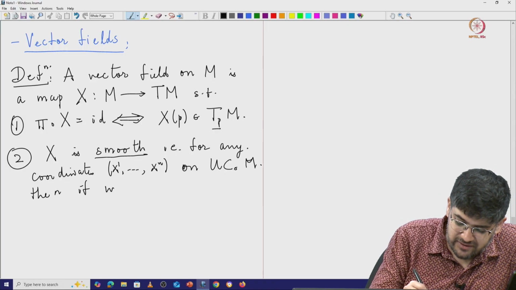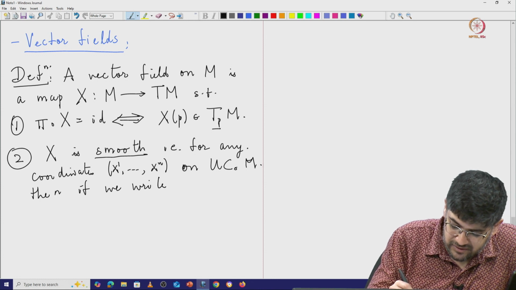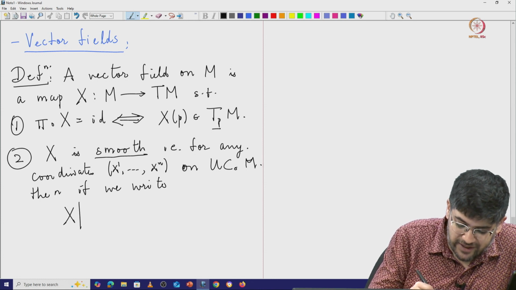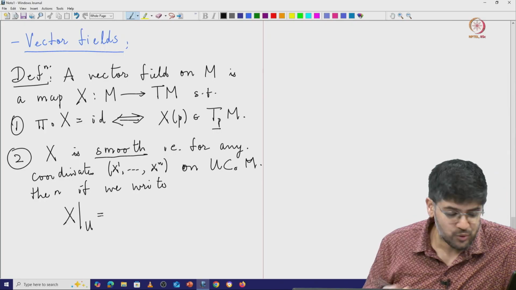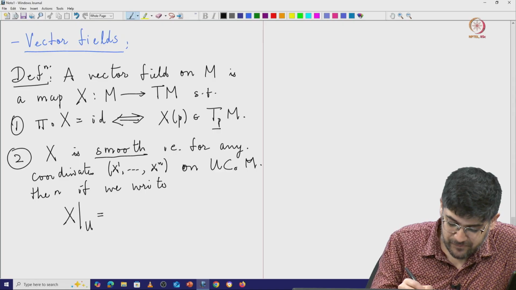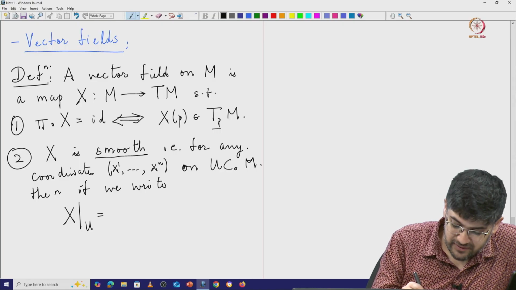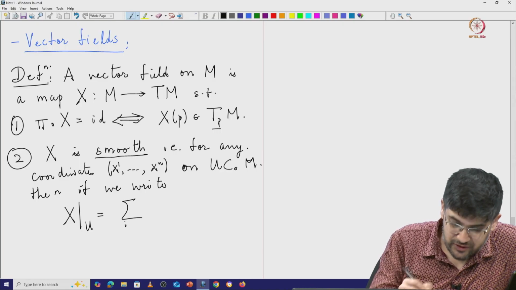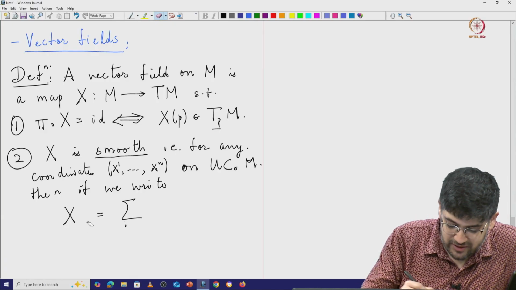then if we write this vector field X restricted to U as, so let me write it this way.